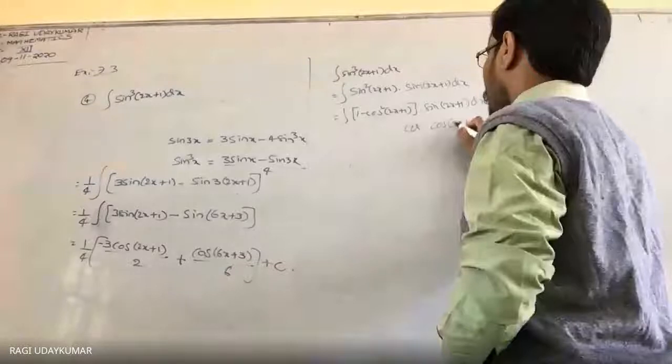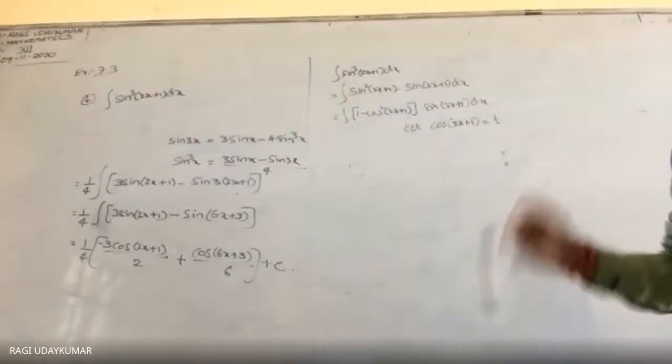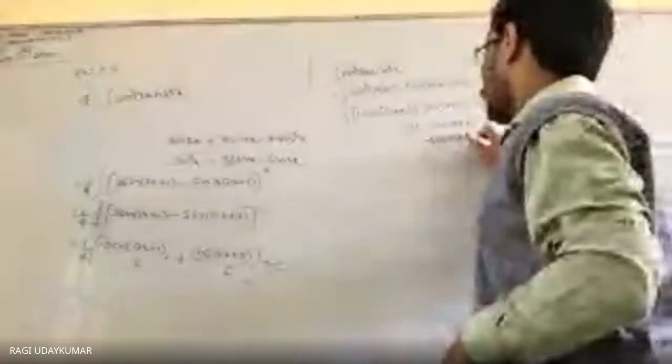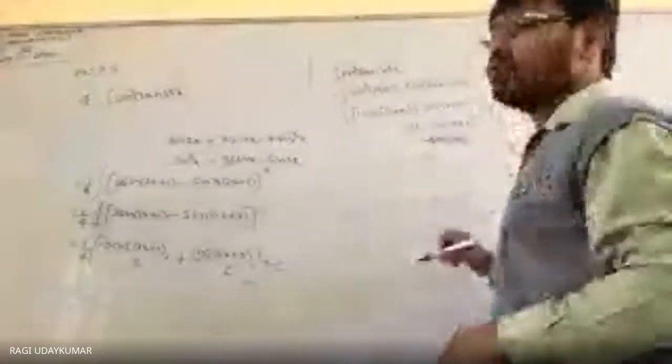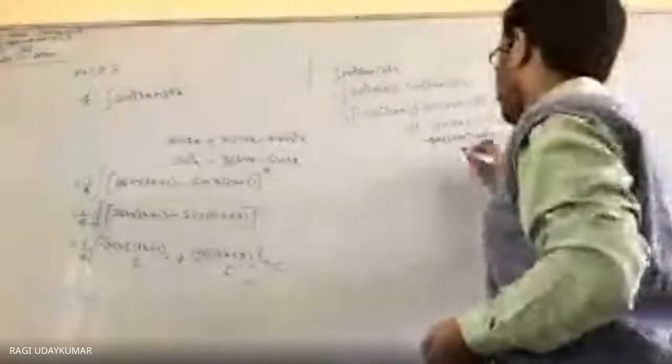Cos 2x plus 1 is equal to t. Okay. So differentiation of cos 2x plus 1 is equal to minus sin 2x plus 1 into 2, again 2 dx is equal to dt.